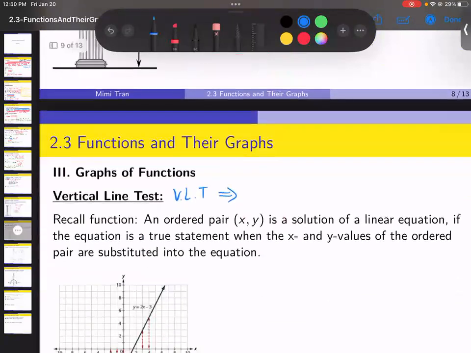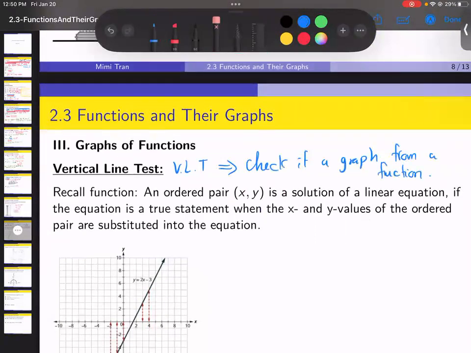The vertical line test, VLT, is used to check if the graph is from a function. Check a graph from a function, or belongs to a function.